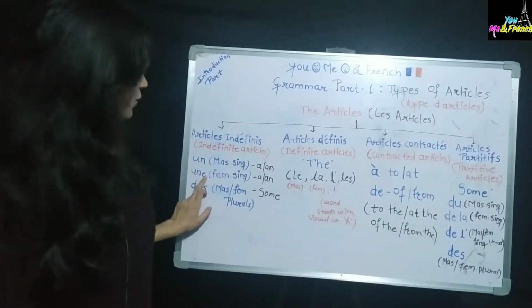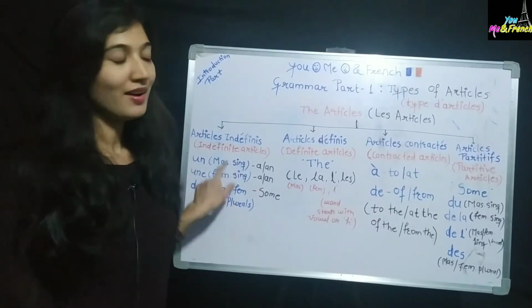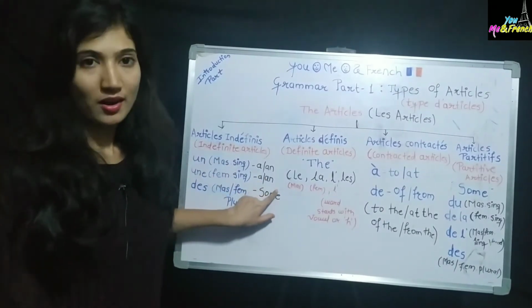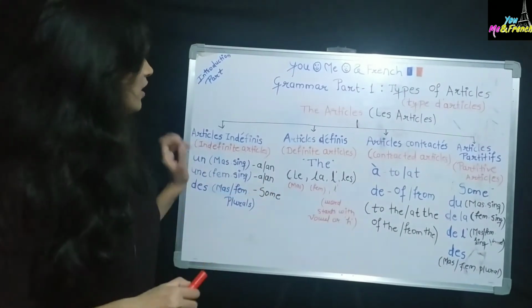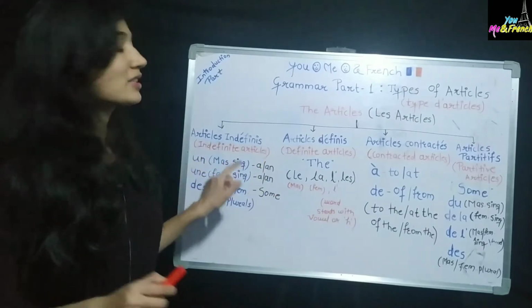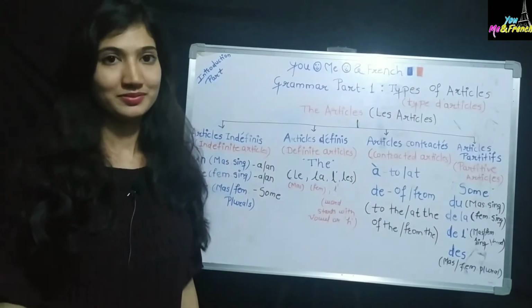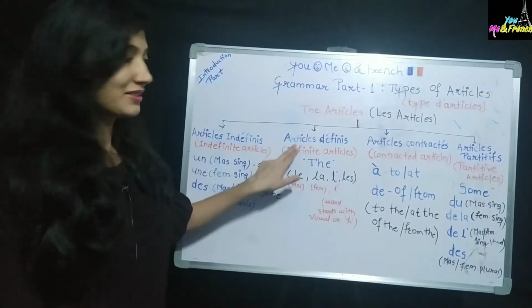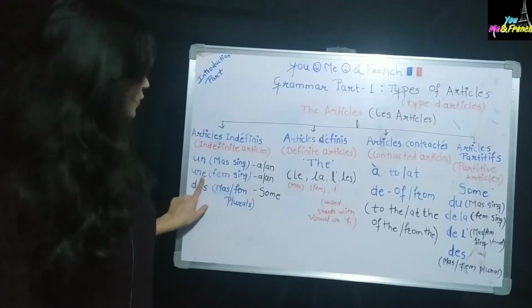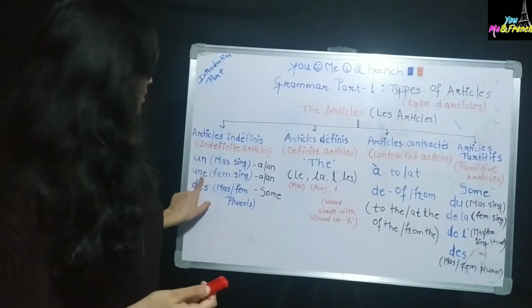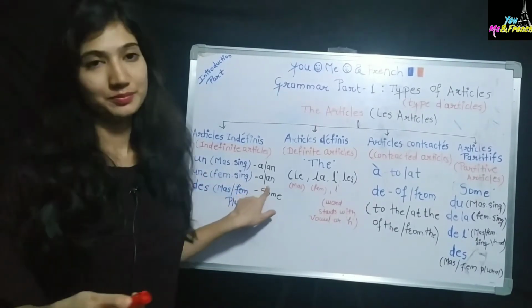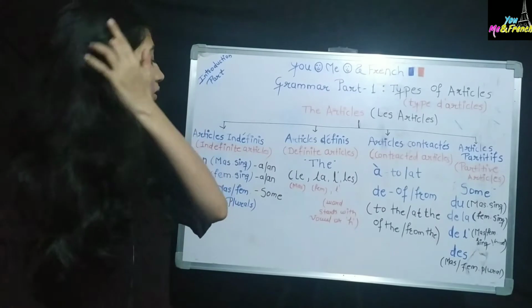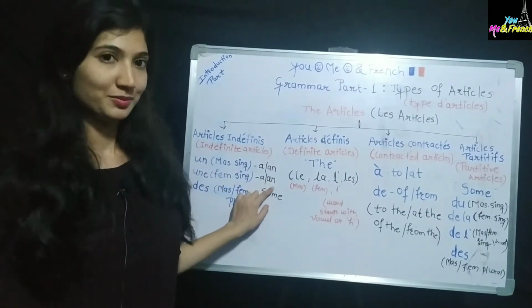Une, feminine singular, a or an. For example, un garçon means a boy, right? La table, sorry, la is a definite article. Une fille means a girl.